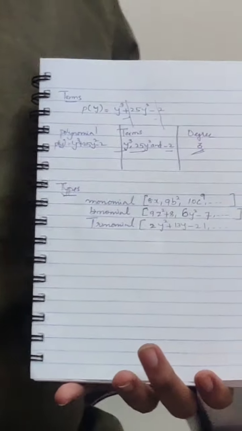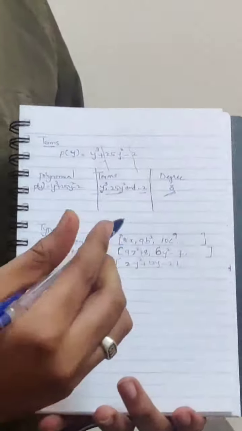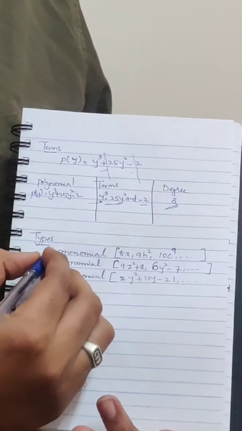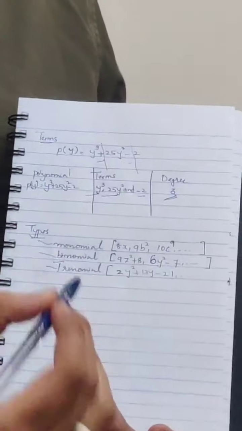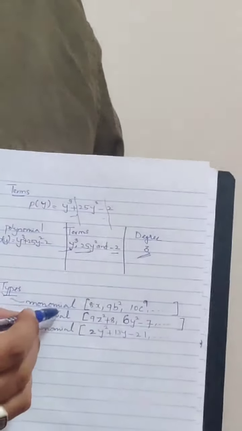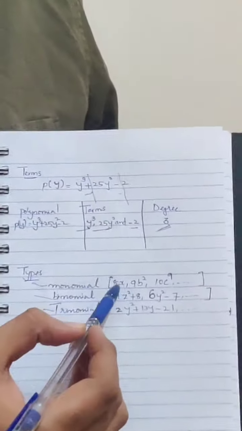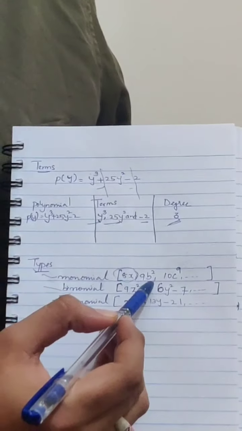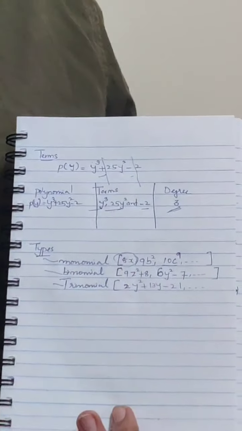Coming to the final topic, the types of polynomial. There are 3 types basically: monomial, binomial, and trinomial. As I said earlier, a polynomial means many terms. When you have a single term, I call it a monomial. If you see here, 8x is a single term, 9b square, 10c, single terms.